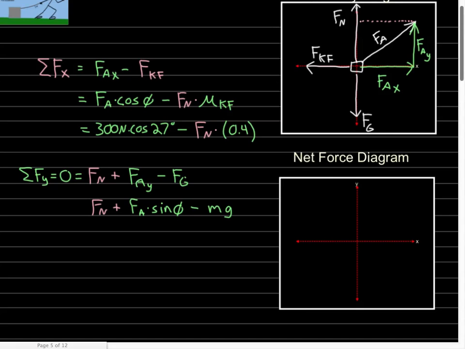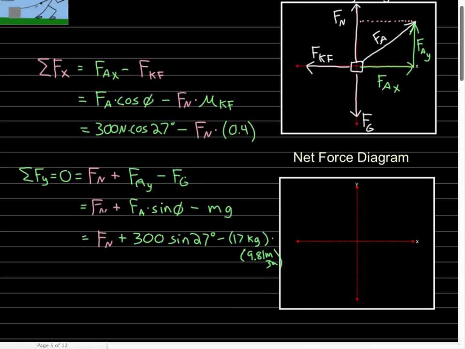Okay, keep going. So we have the normal force plus Fa, which is 300, times the sine of 27 degrees minus the mass, which was 17 kilograms, times 9.81 meters per second squared.